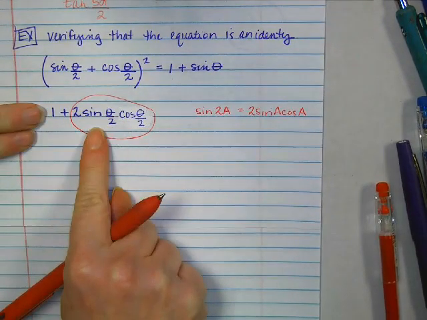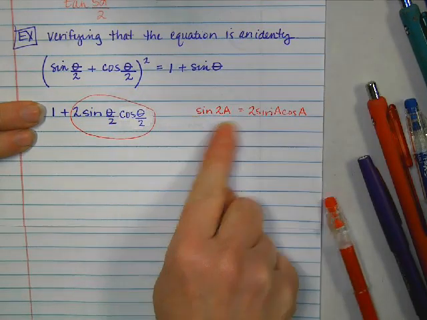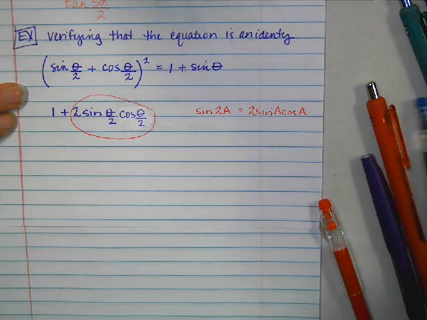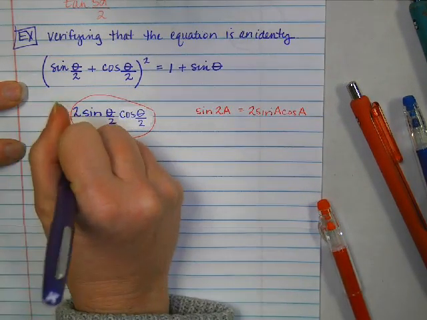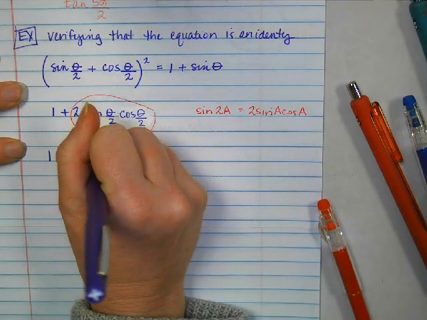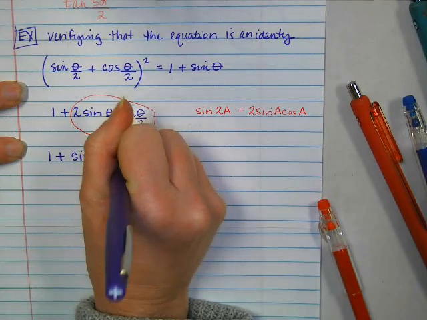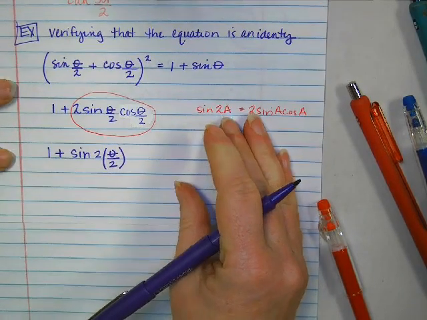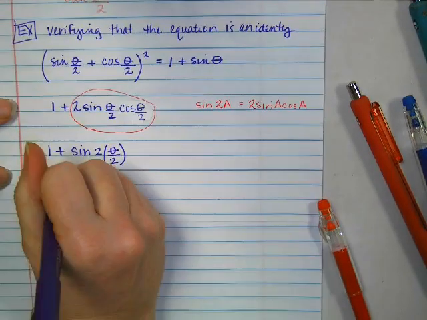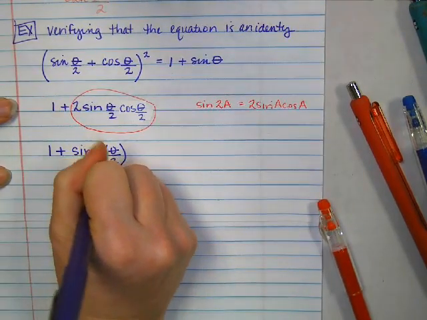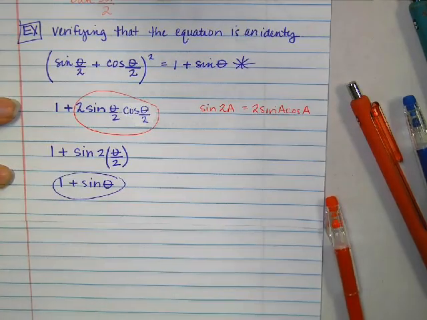That means I can replace this with sine 2 theta over 2, so 1 plus sine 2 theta over 2. And then what happens to the 2 and the 2? They cancel. So you get 1 plus sine theta, which is what this is. So you did it. You verified.